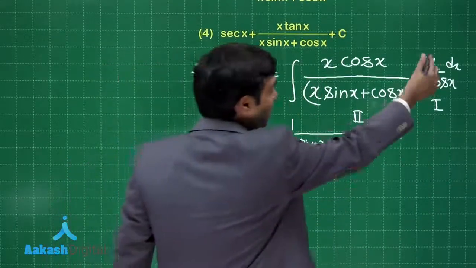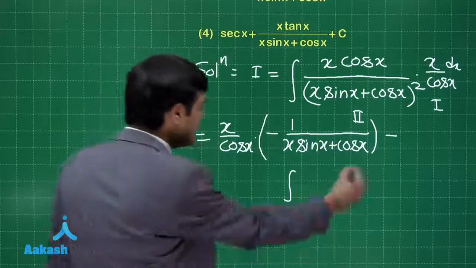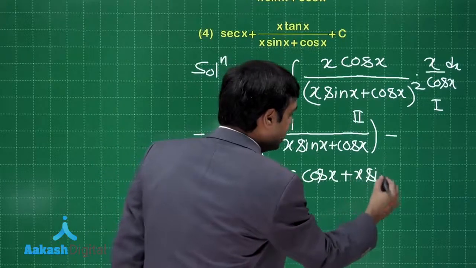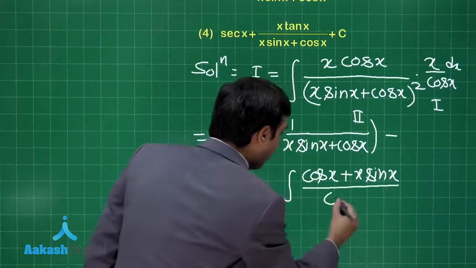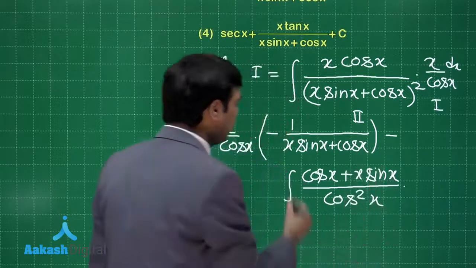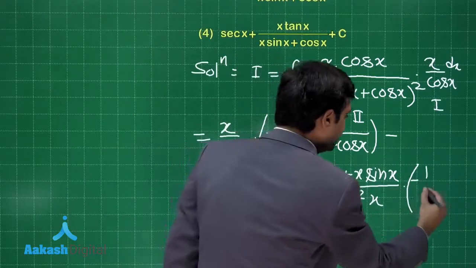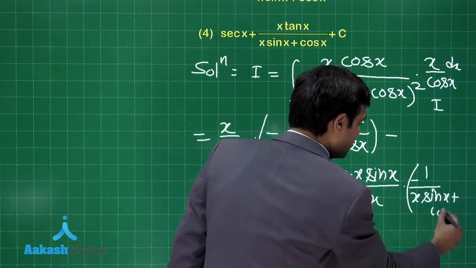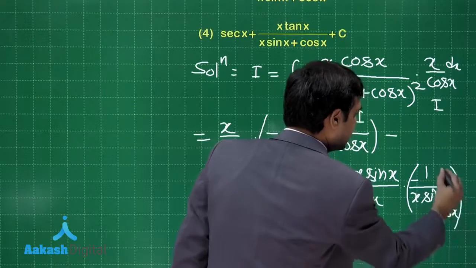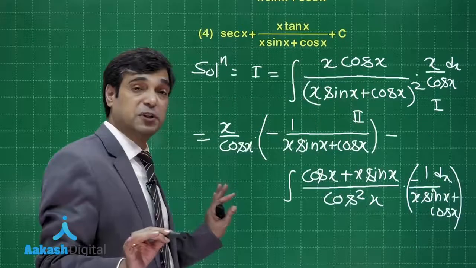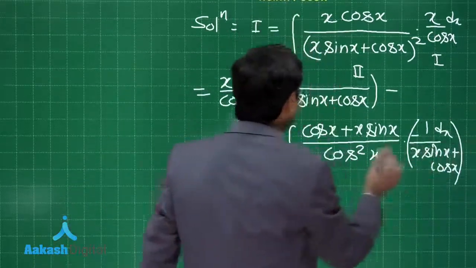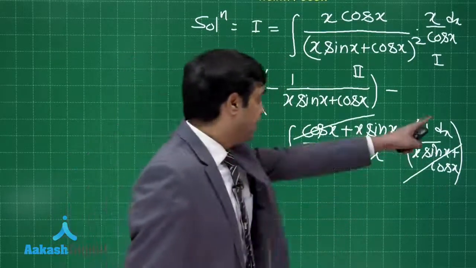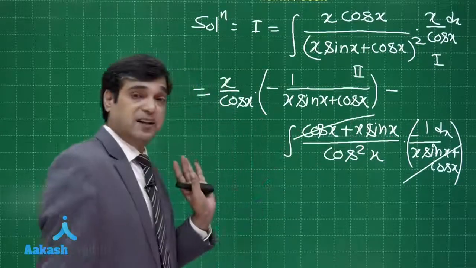Now here the derivative of the first function, which is x upon cos x, we observe it comes to be (cos x plus x sin x) upon cos square x, into integral of the same function, that is minus 1 upon (x sin x plus cos x), dx is also there. So I'm sure this part is clear. Now what we observe here, that this part is cancelled with this one. We are left with dx upon cos square x after taking this minus sign outside.